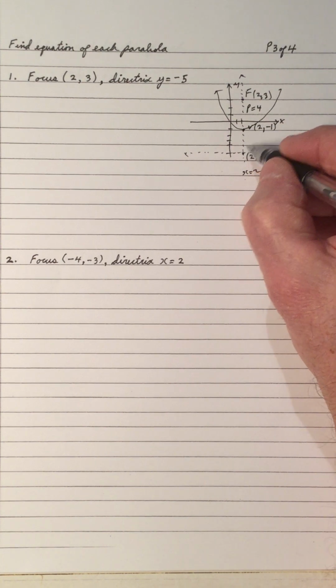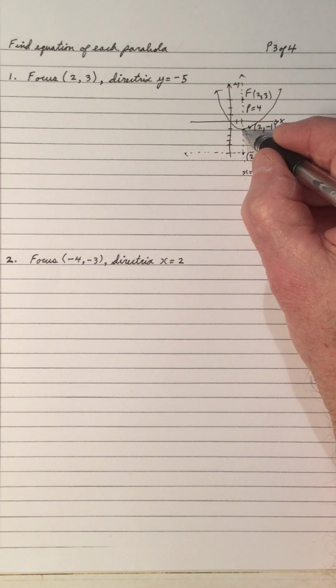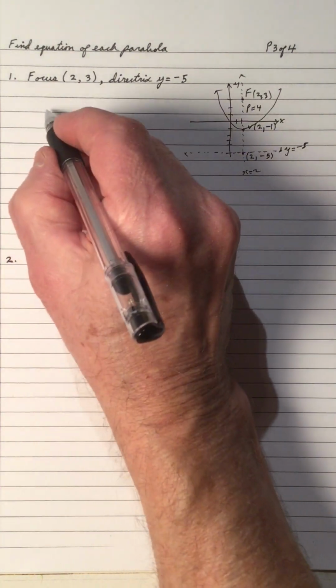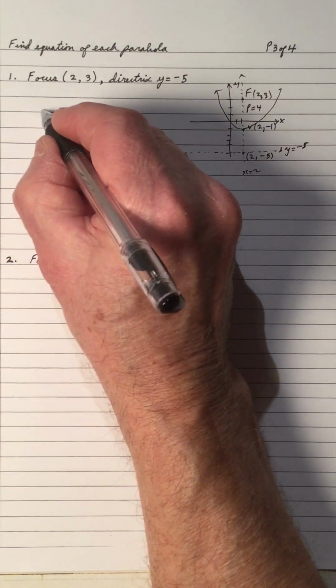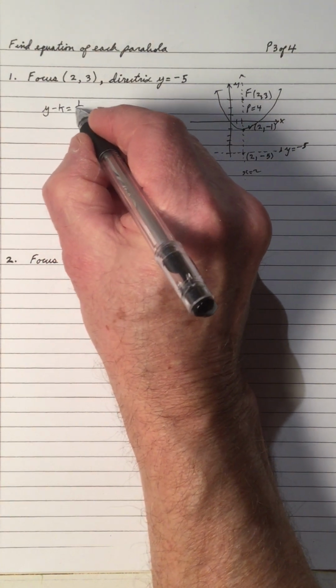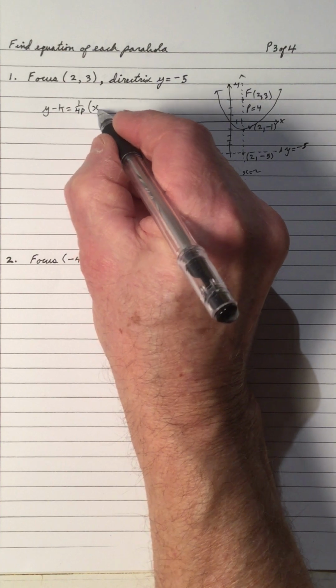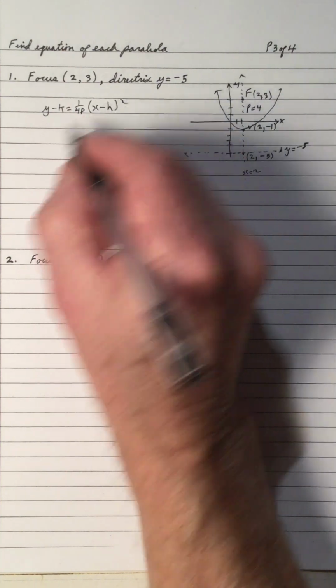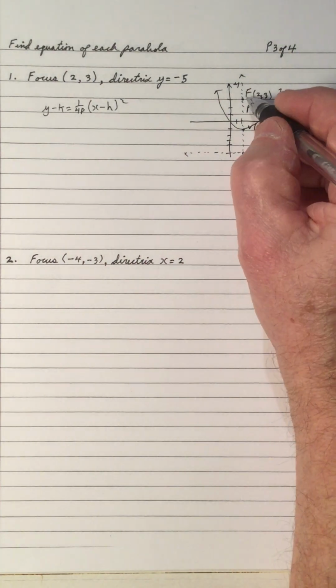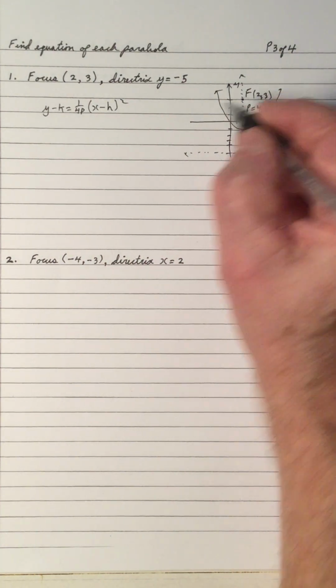And this should be -4. -1 to -5 is a -4 on the other side. So we have an equation, which is y minus k equals 1 over 4p times x minus h squared. And it's y equals x squared because it's opening upward with the focus in here.